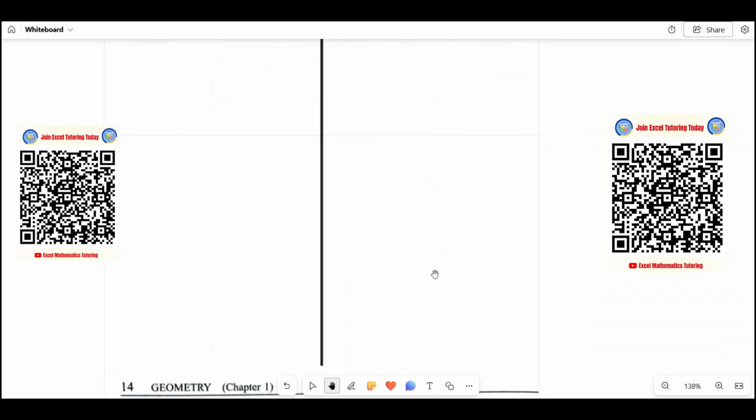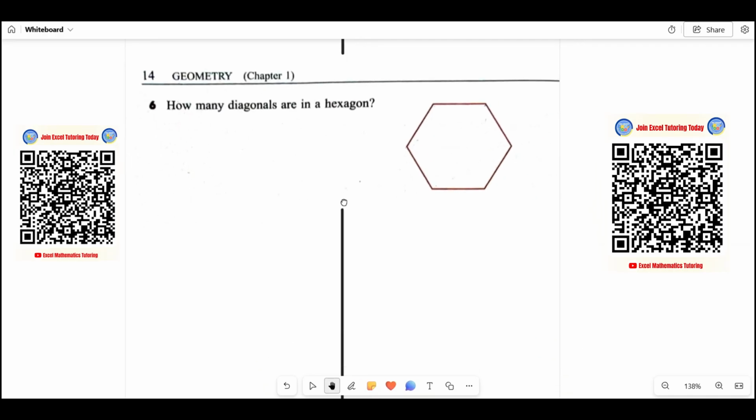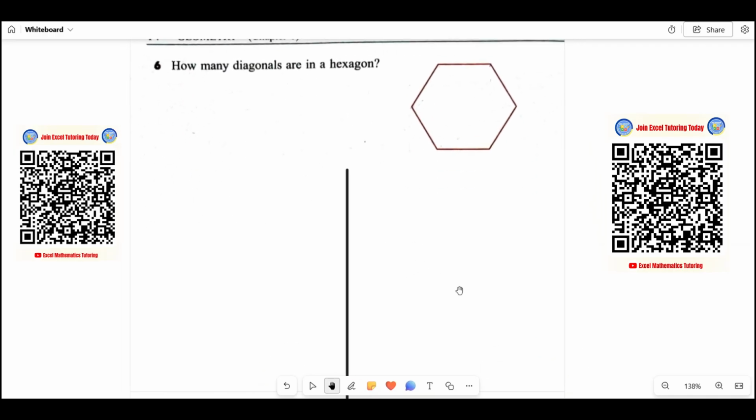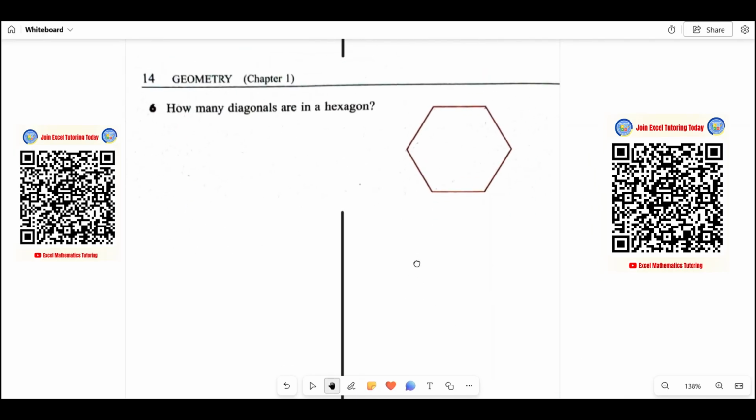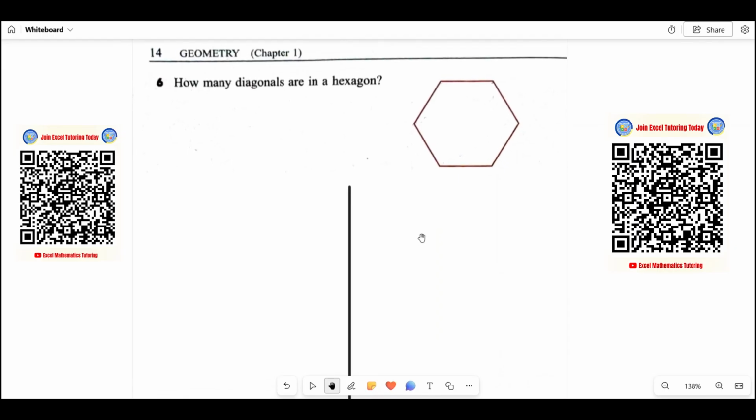Now moving to the sixth question. How many diagonals are possible for a hexagon? So this is our hexagon. Now we can connect each of the vertices as I said before.